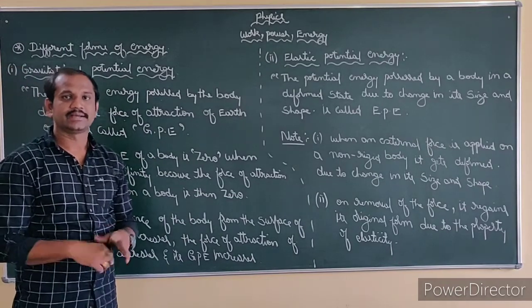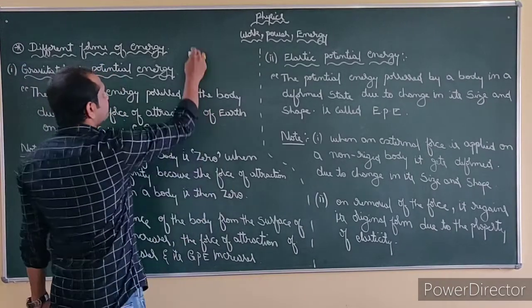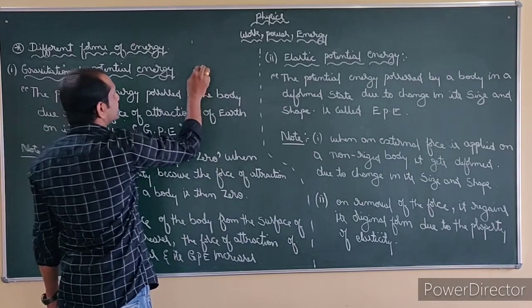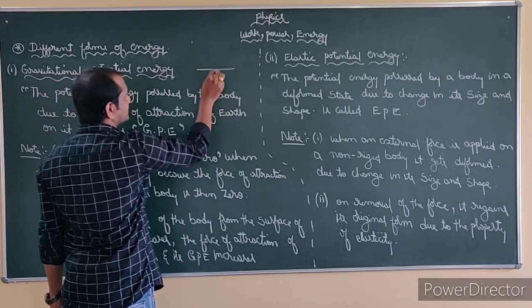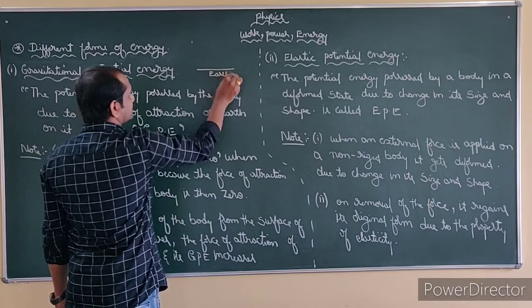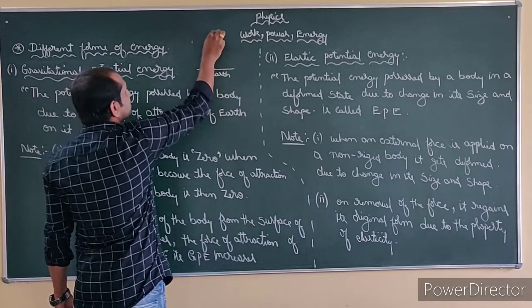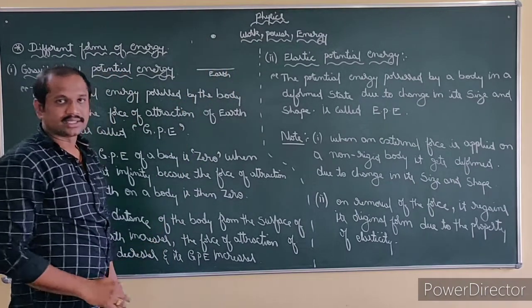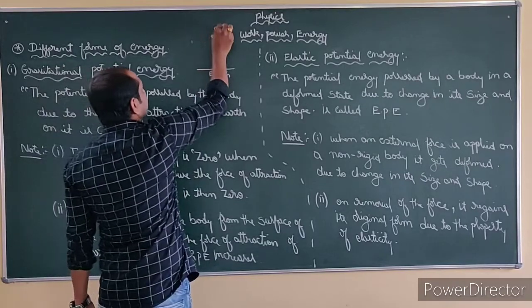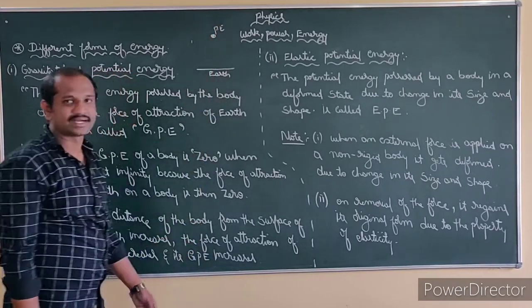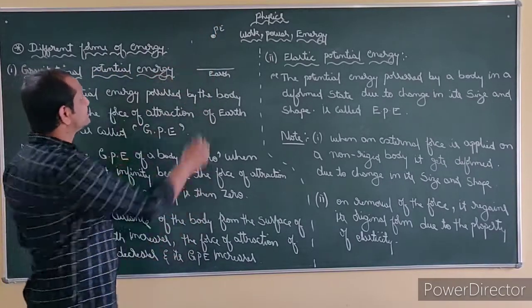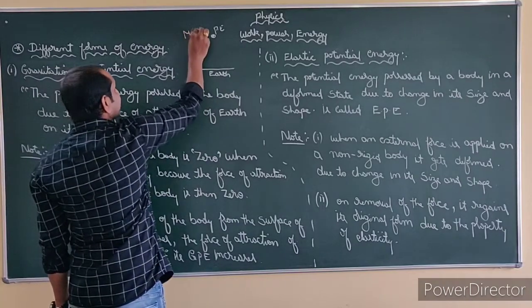potential energy. For example, think this is the Earth. Whatever body is present above the Earth is going to have potential energy. Understand?